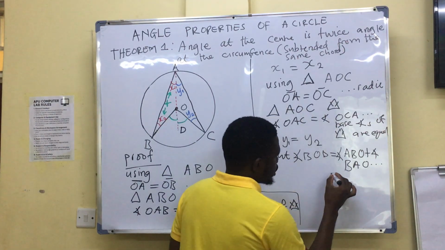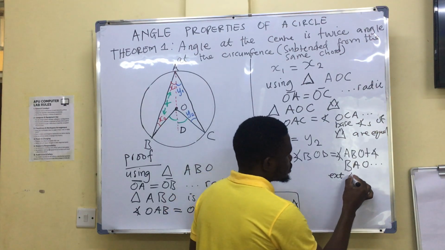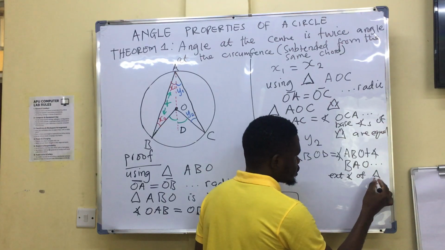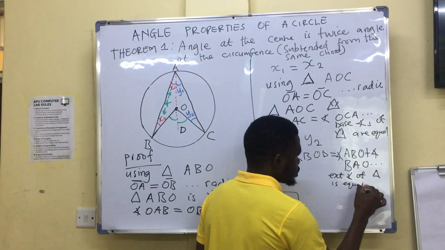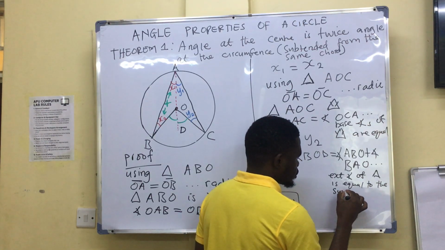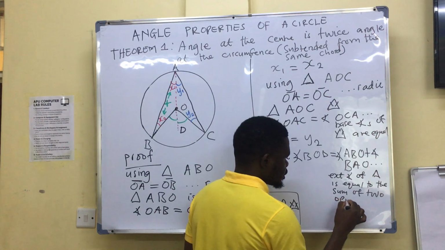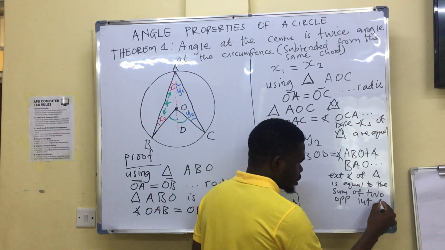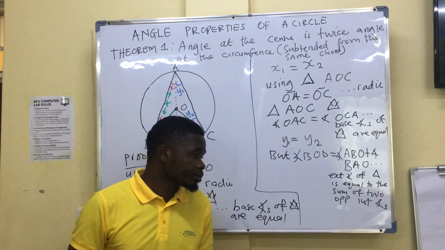Meaning that this one is the exterior angle over a triangle, which is equal to the sum of two opposite interior angles. That's the reason there, right?